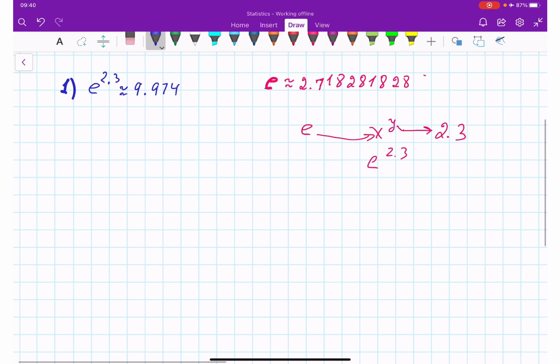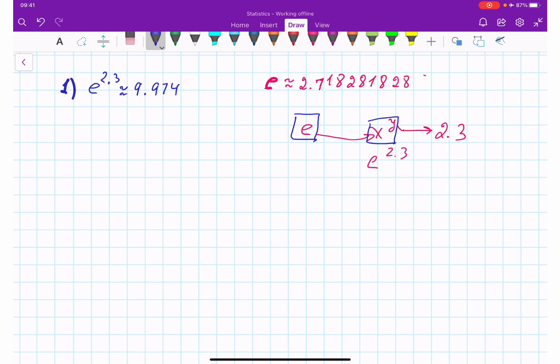9.974. So one more time, on the calculator you click on button E. I'm talking about the scientific calculator that comes with Microsoft Windows, that the entire world is using. Then after that you push the X to power Y, because X is automatically given.